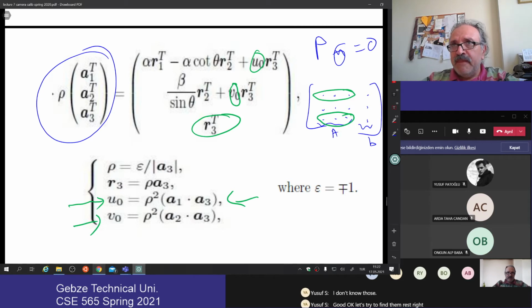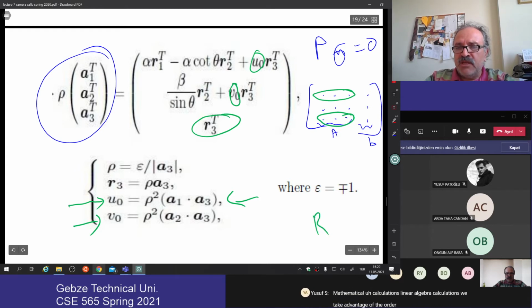So as you see, what we are doing is just linear algebra work, mathematical calculations. We take advantage of the orthogonality of the rotation matrix R so far, right?